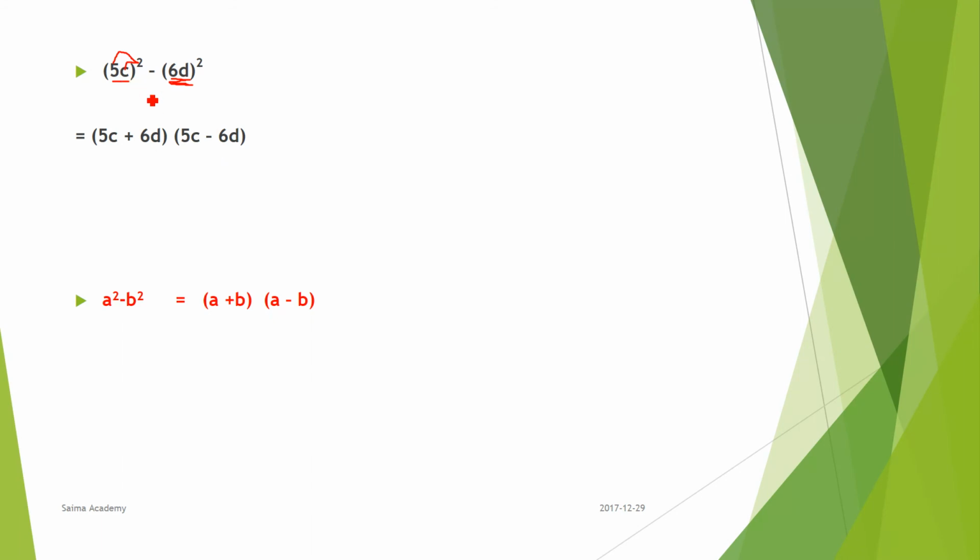So 5c plus 6d and then 5c minus 6d. This is the answer. A square minus b square equal to a plus b multiplied by a minus b. Whatever is here, you have to write down one time with positive sign, one time with negative sign. I hope that everything is clear regarding a square minus b square.